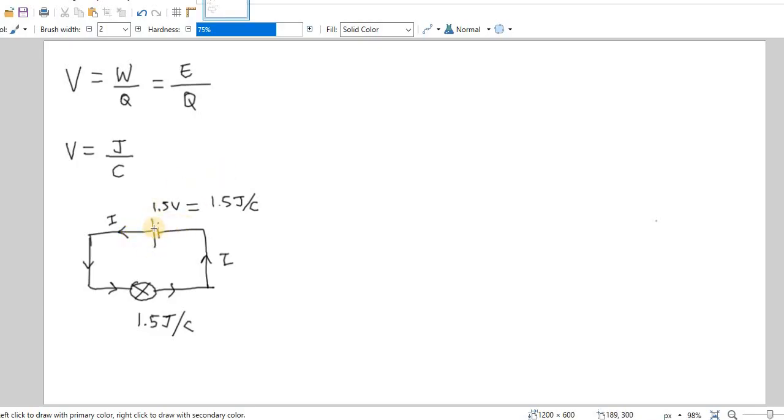That's why the battery dies out in the end. The battery will lose its chemical potential energy, and in the end the battery will be dead, because when it is in a circuit like this, the energy that is converted here to light energy and maybe thermal energy is coming from the battery.